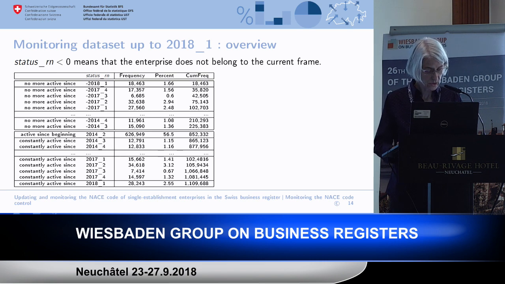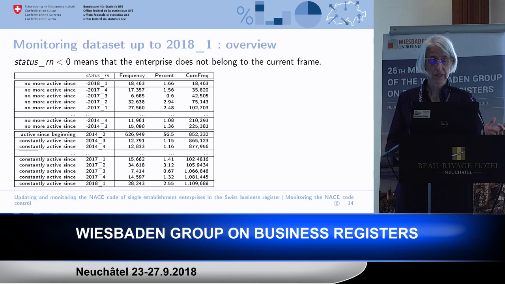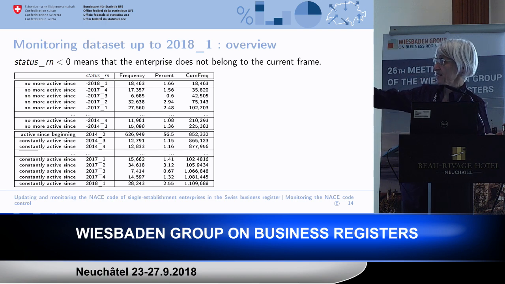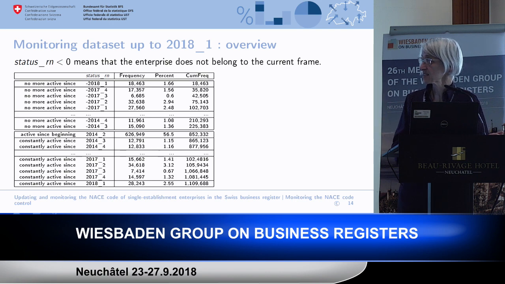So here you can see an extract of the monitoring dataset. For example, a sort of overview. A negative status variable means that the enterprise does not belong to the current frame. For example, the 27,000 enterprises in the fifth line with the negative status are no longer active since this quarter.